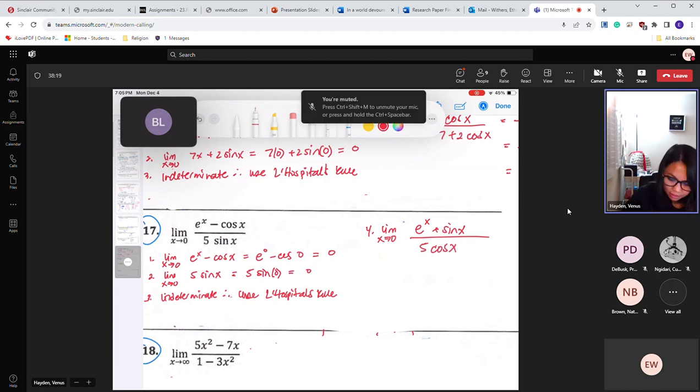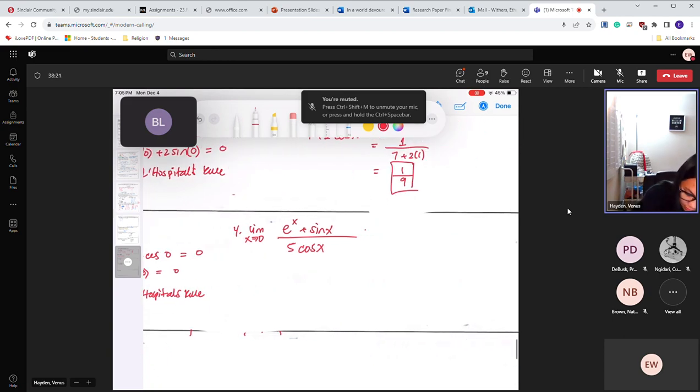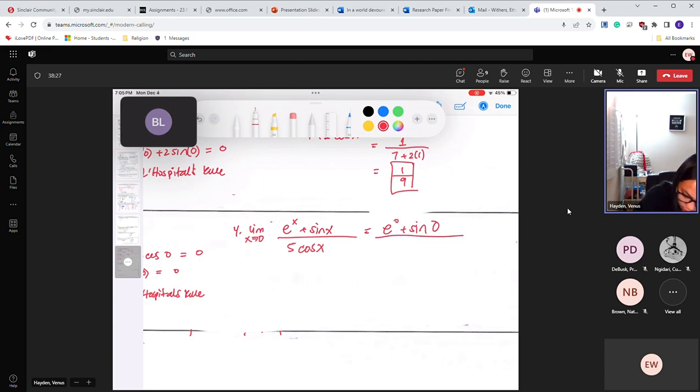Okay. Now let's plug in the value of x. We're going to apply its limit. So e to the power of 0 plus the sine of 0 all over 5 times the cosine of 0. E to the power of 0 is just 1, plus the sine of 0, which is 0, all over 5 times the cosine of 0, which is 1. That would be just 1 over 5.